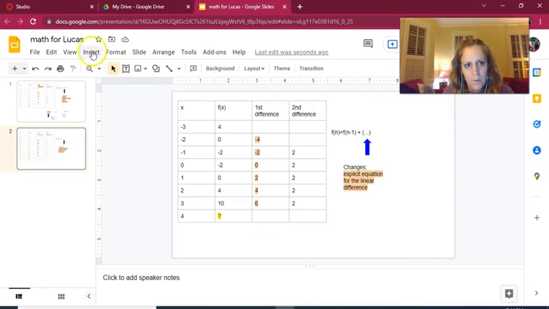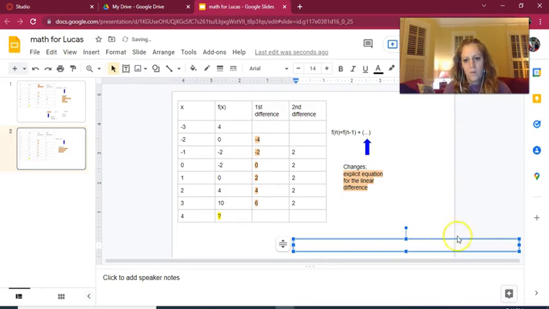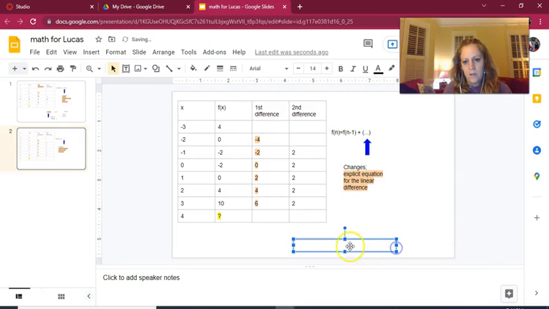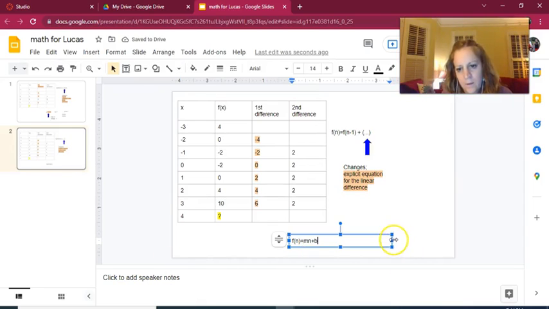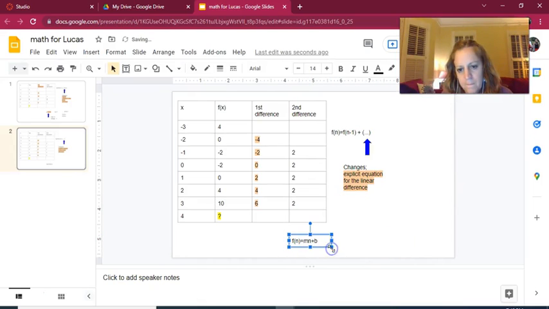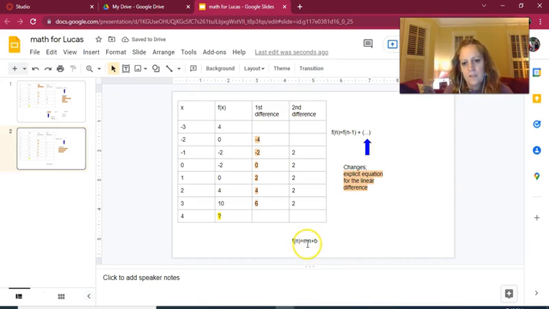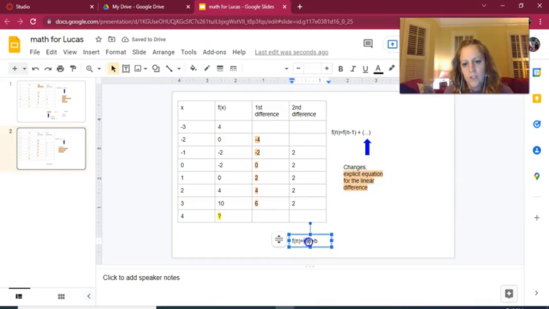Okay, so remember that the explicit equation is f of n equals mn plus b. Okay, so we are going to find our change.